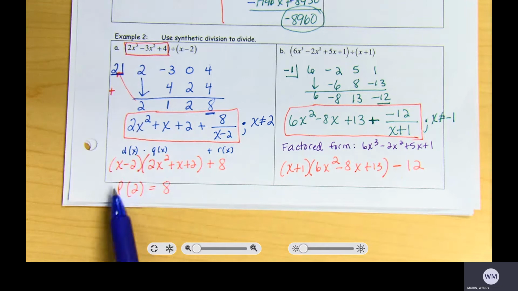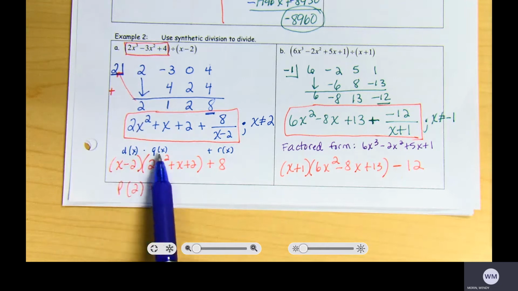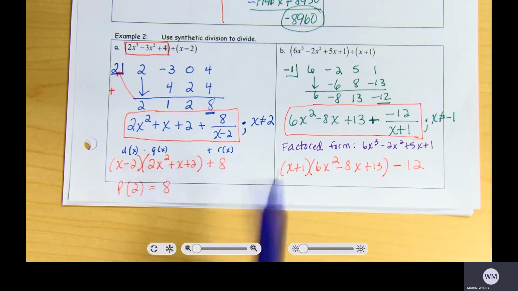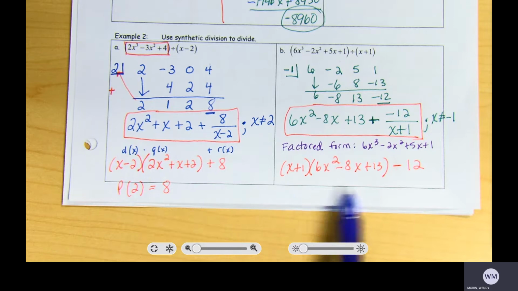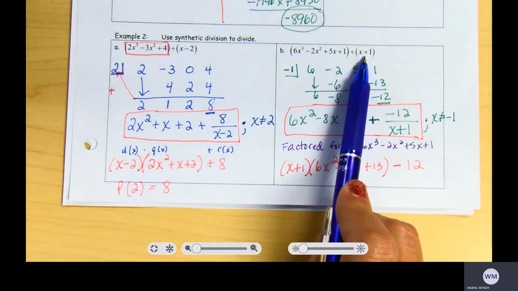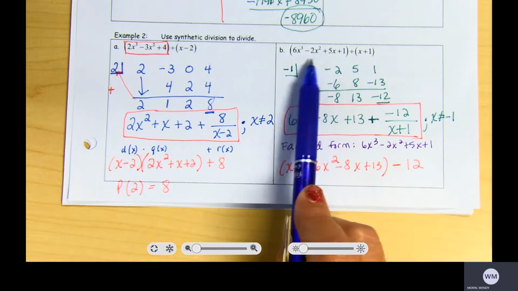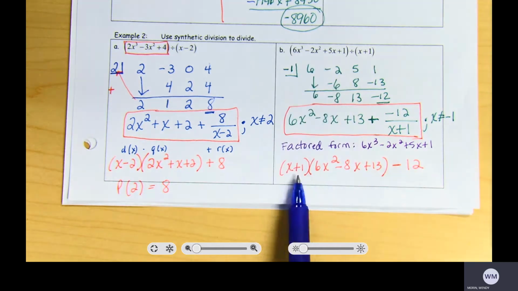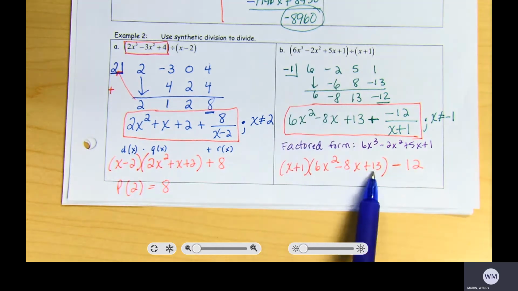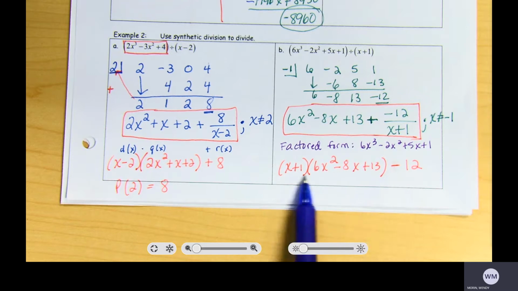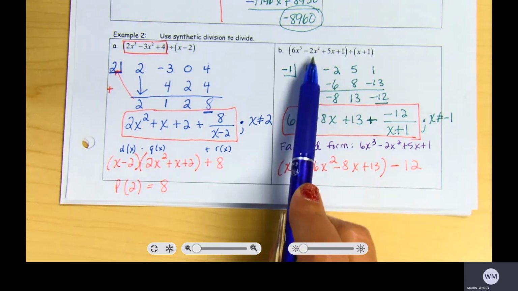So if you see something like d(x) times q(x) plus r(x), that just means factor form. So over here, x plus 1 doesn't go into this evenly, but it does go into it, and you get this with a remainder of -12. So this is the factor form of that.